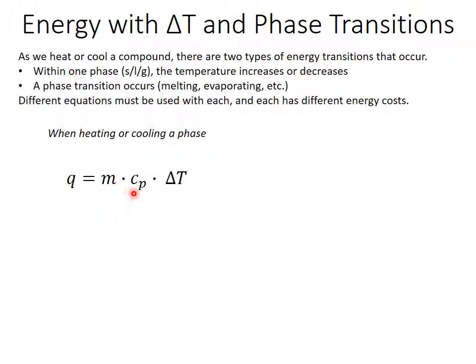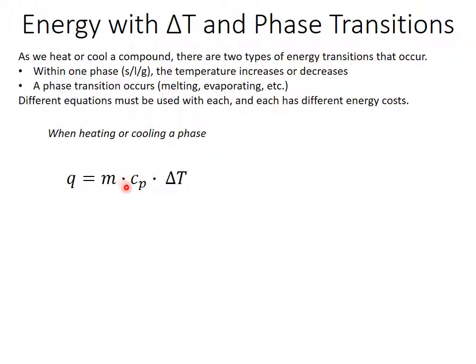So you need to multiply that specific heat capacity by the grams of whatever it is, because 5 grams is going to consume more energy than 1 gram. And you also have to multiply it by the temperature difference, because raising something by 5 degrees is going to cost more than raising it by 1 degree.